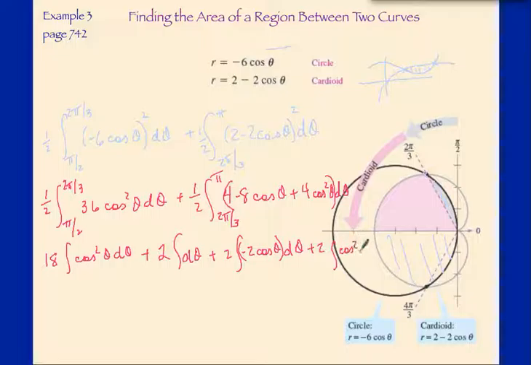Now remember that with the cosine squareds you have to use the identity, and you would keep going and it would all be good. Eventually you would end up with 5 pi over 2.